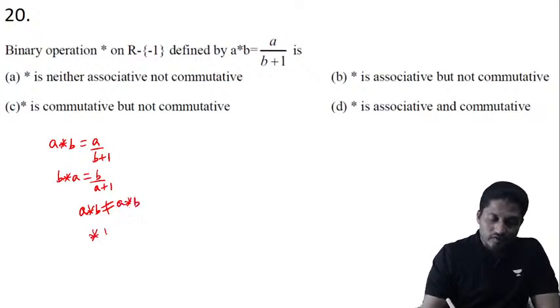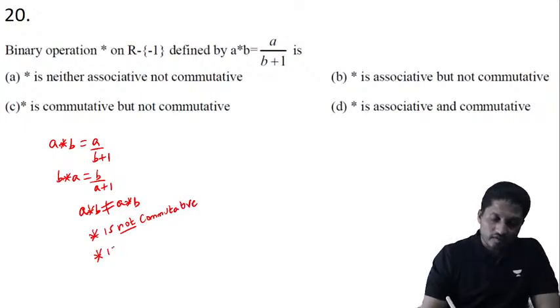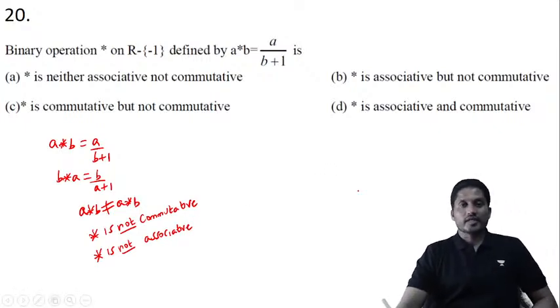So star is not commutative. If it is not commutative, then it is not associative. The star is not associative. Alright, so this is neither commutative nor associative. Answer is option A.